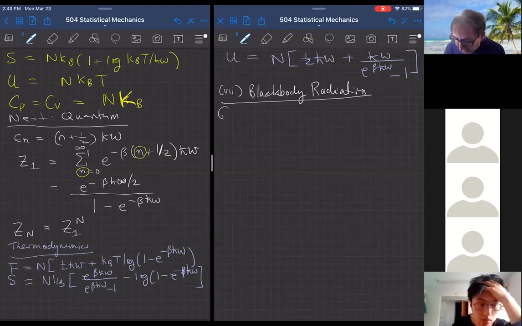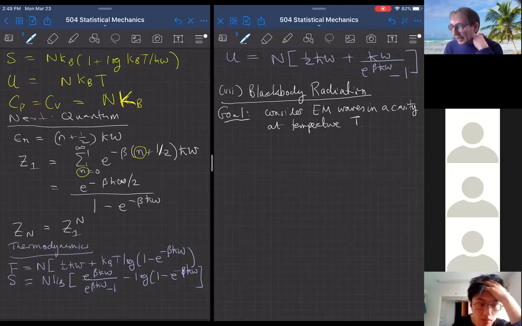Okay, so what is our goal in this section? We're going to consider electromagnetic waves in a cavity, and we're going to say that the cavity is at temperature T. You can think of this cavity as being like an oven.